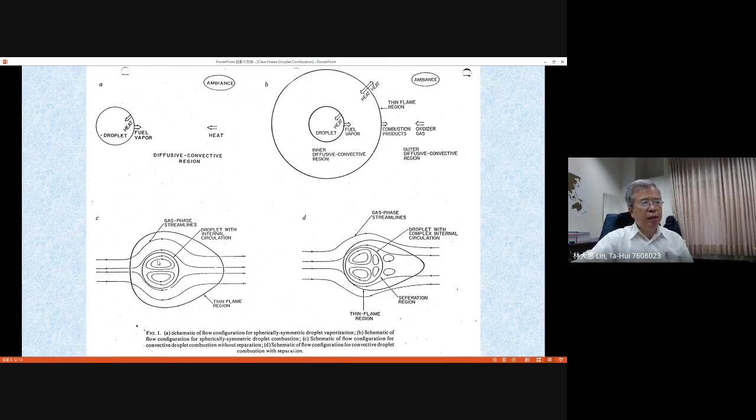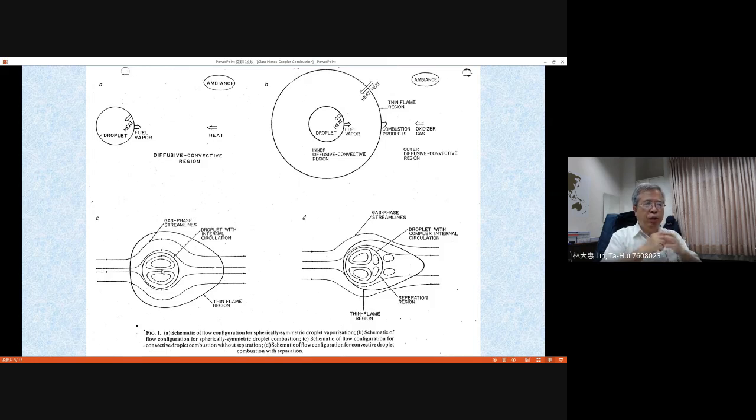And here, since we assume this is a symmetric spherical droplet, you will have a symmetric pair of recirculation zones. This is a very interesting behavior, which I will mention later. It is a very good application for the multi-component droplet.